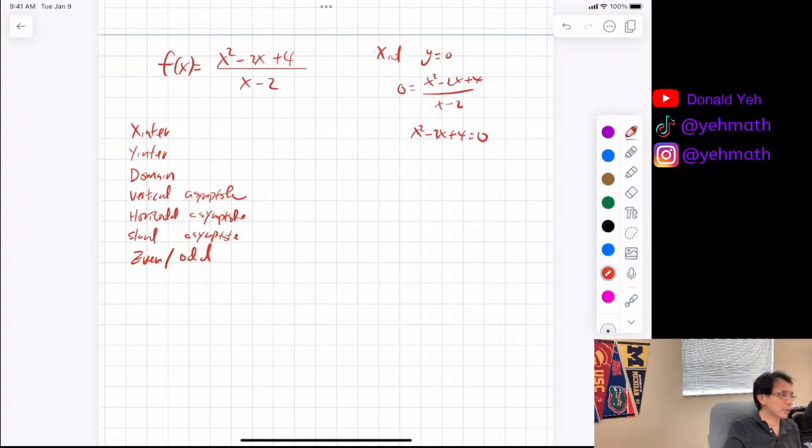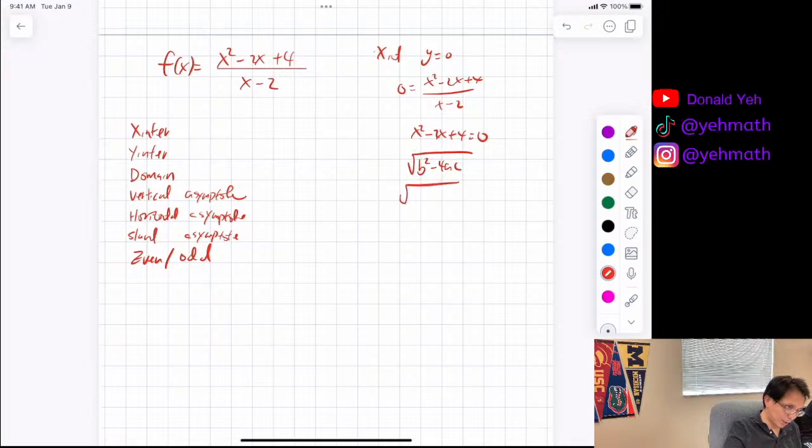Now in here, you're supposed to be able to factor, but if you cannot factor, what do? Quadratic formula. Yeah, but with the quadratic formula, you end up looking at the discriminant. If the discriminant is negative, then that means there is no x-intercept. So I'm just going to check the discriminant. I'm not going to spend too much time on it.